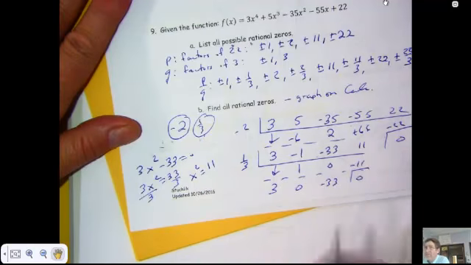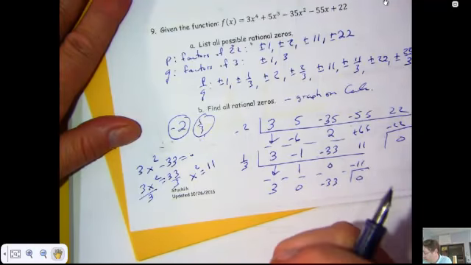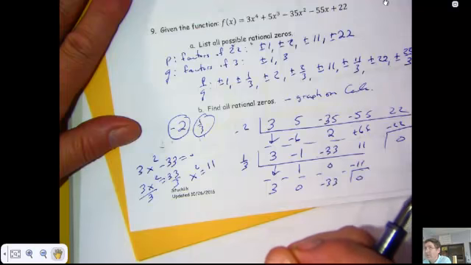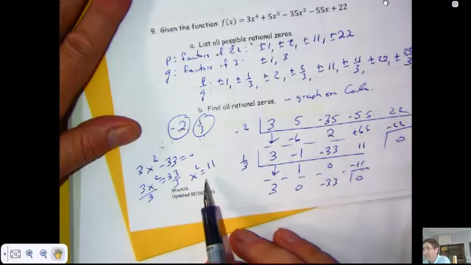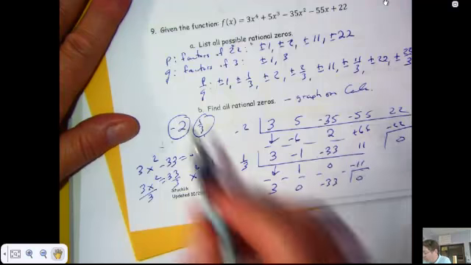Now, why can't I stop here, though? There's a reason I can stop at this point. What's the question asked for? It doesn't say find all the zeros, it says find all rational zeros. What kind of zeros will these be? They'll be irrational. Yeah, they're not rational. So in fact, how many rational zeros are there? There's only 2.